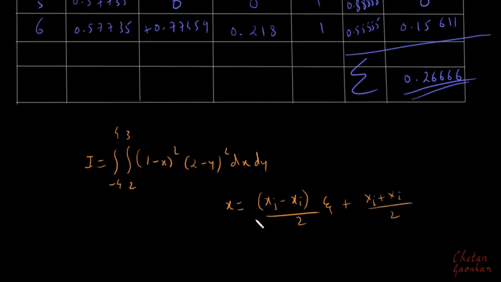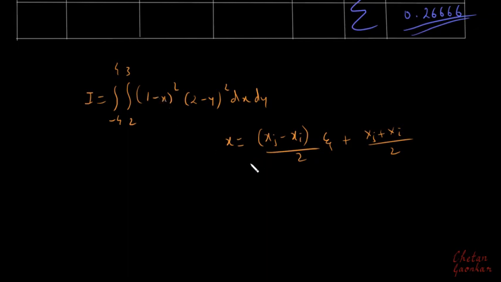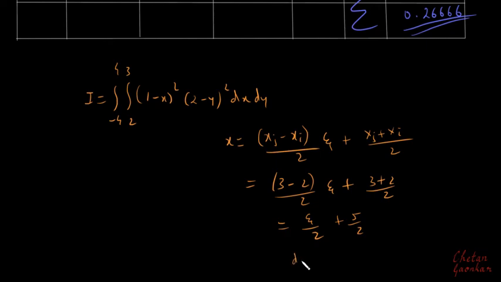If I use this for x, my x is varying from 2 to 3. So if I substitute, (3 minus 2) by 2 times xi plus (3 plus 2) by 2, which will give me xi by 2 plus 5 by 2, and therefore this will give me dx as 1 by 2 d xi.